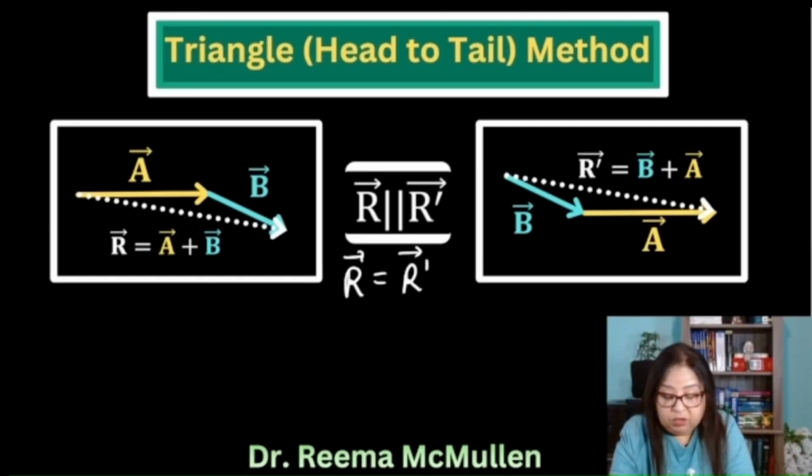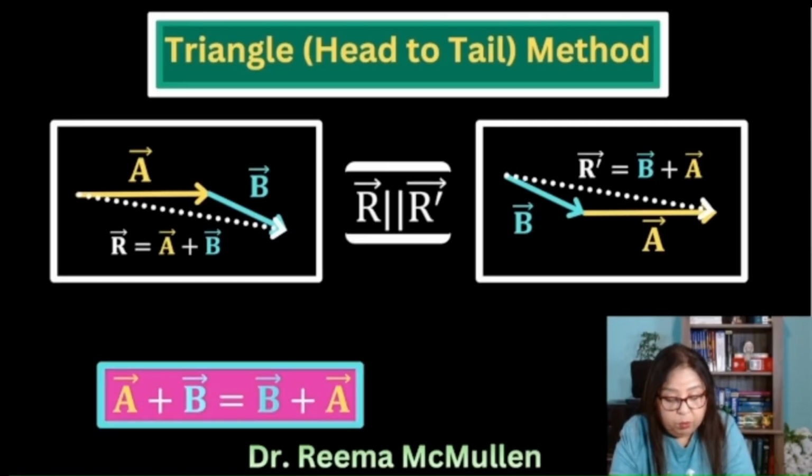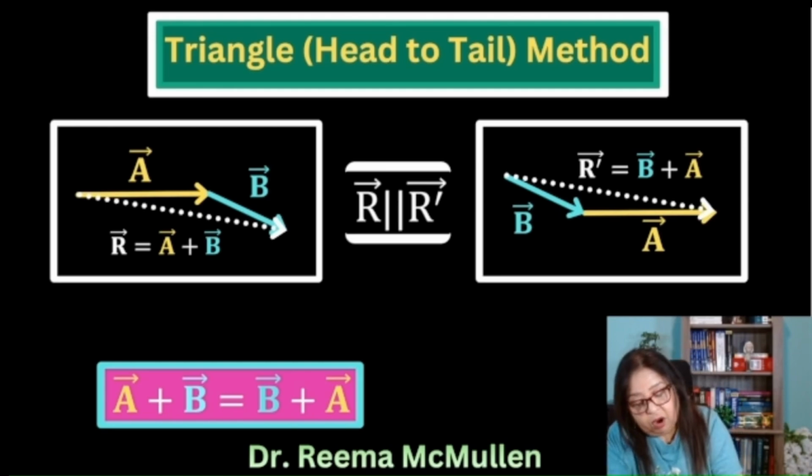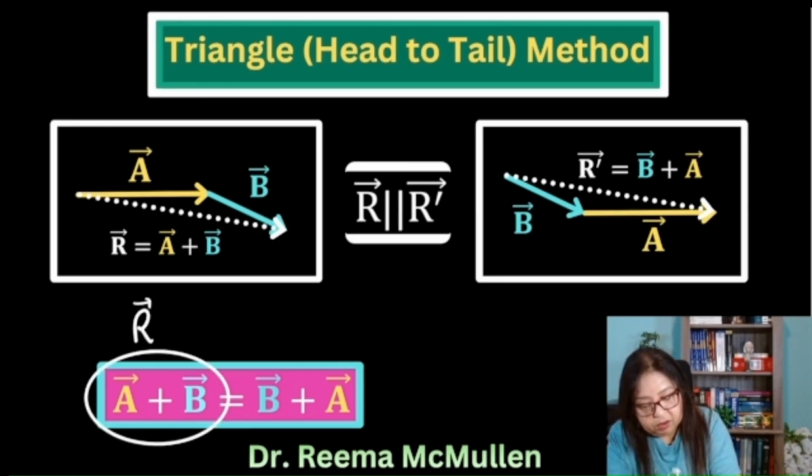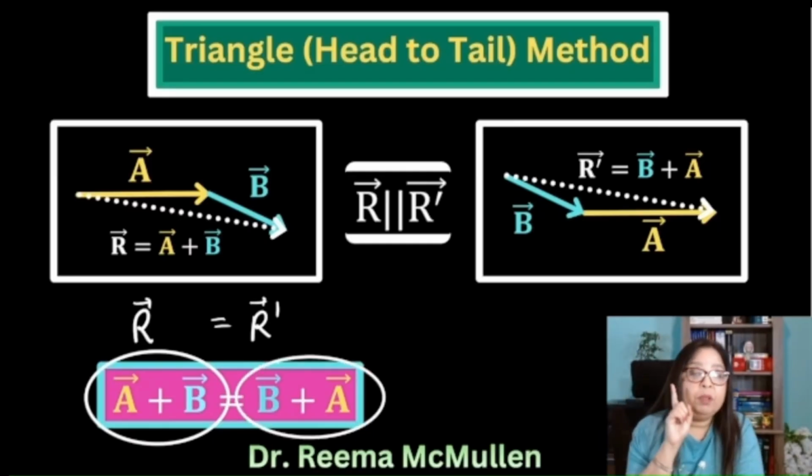And if vector R is equal to vector R prime, what does that give us? Vector R, which is equal to vector A plus B. This is vector R. It is equal to R prime. R prime is equal to vector B plus A. That means A plus B equals B plus A.